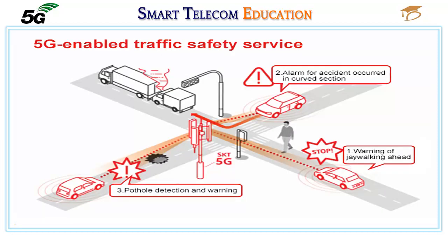Intelligent transportation systems, autonomous driving and optimization of road traffic require ultra-reliable low-latency communication. According to Intelligent Transportation Systems, ITS, different cases including autonomous driving, road safety, and traffic efficiency services have different requirements.